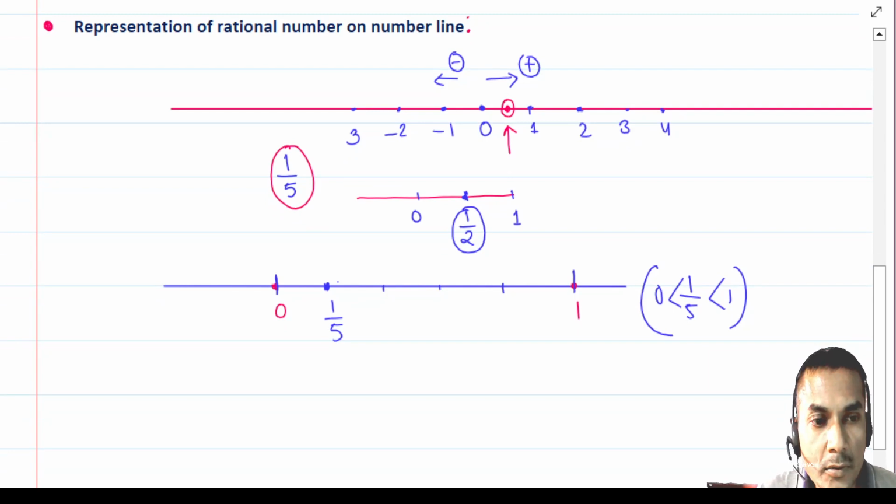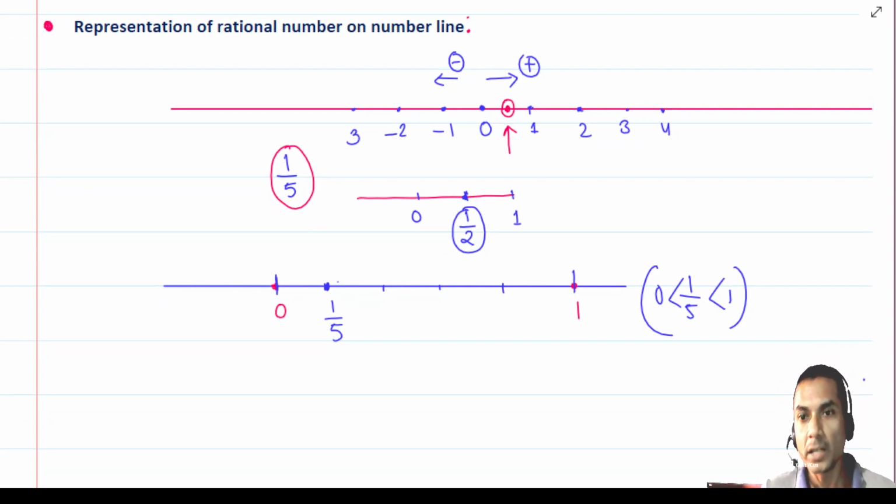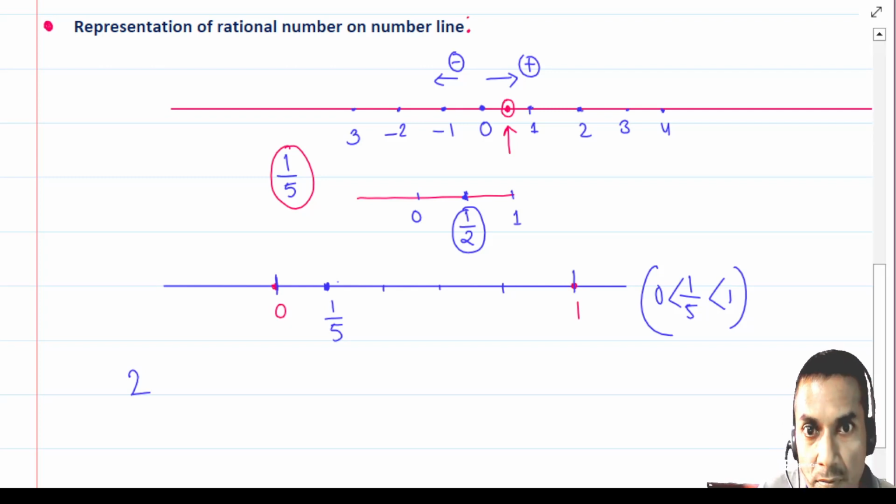Now if the value is more than 1, how can we do that? For example, if we want to identify the position of 6/5.